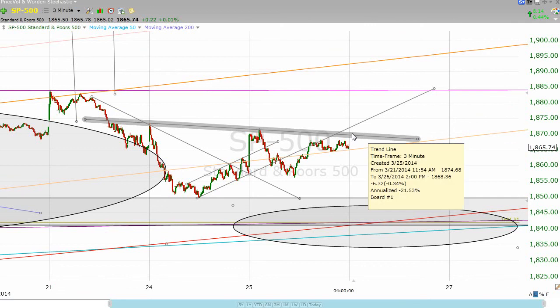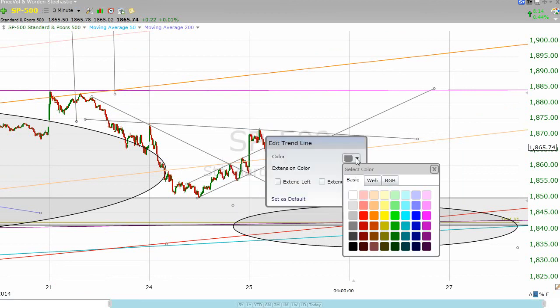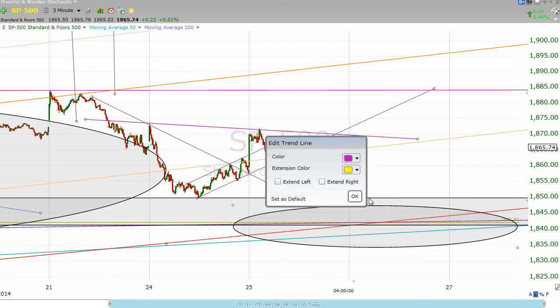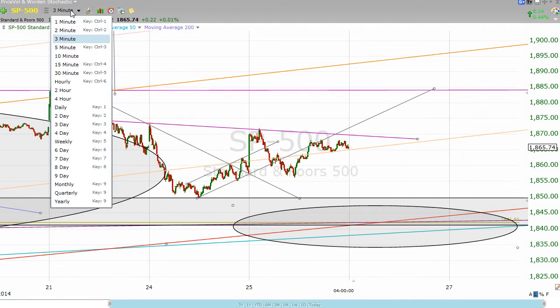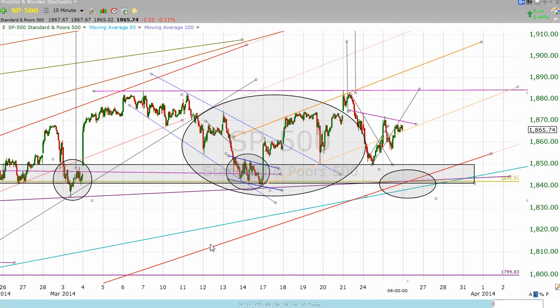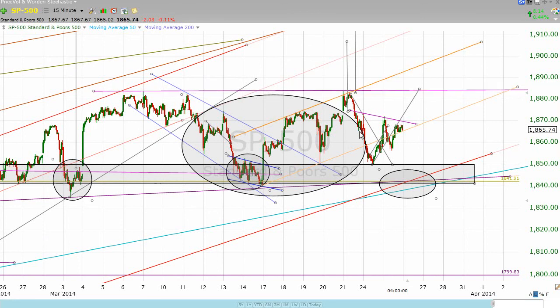Interesting to note, for a long time we were seeing inverted head and shoulders patterns with almost no right shoulder. And if this is one, we've got a deeper right shoulder than we do a left shoulder. If we back out on this chart, and if this ends up being an inverted head and shoulders pattern, we have a deeper right shoulder than we have a left shoulder.